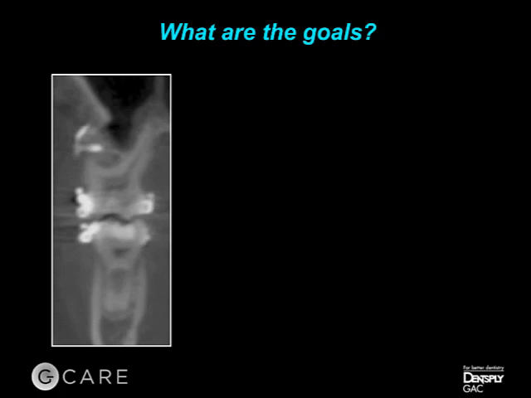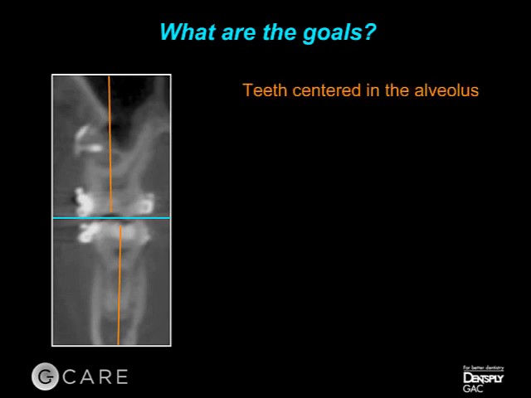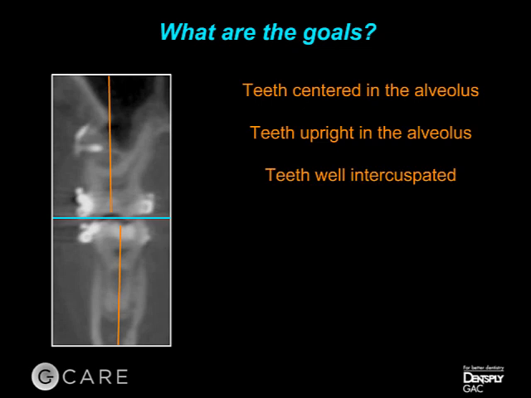If I'm looking at this cross-sectional cut, what are we looking at? Well, to me, this is basically the ideal objective for the posterior dental relationships in a final result. So the teeth are centered in the alveolus, teeth are upright in the alveolus, and also they're well intercuspated. So these are our three goals for what we want to achieve.